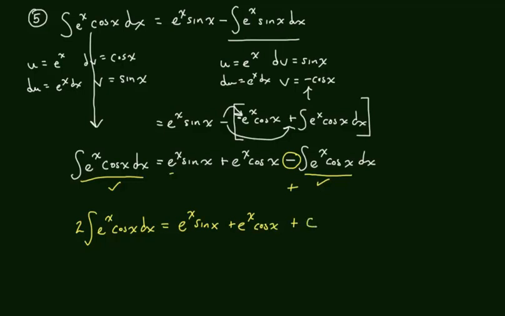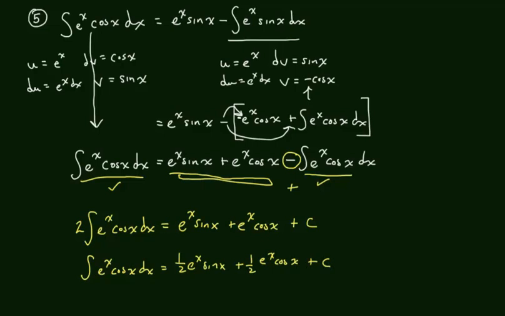See that? I was left with this because I added to both sides. Now if I divide both sides by 2, I get 1/2 e to the x sine x plus 1/2 e to the x cosine x plus c, and that solves the problem. But do you see something?